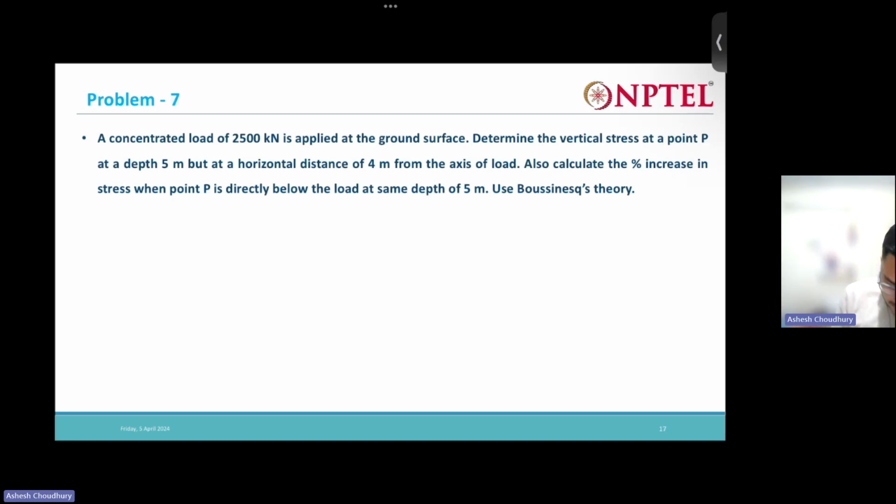So we have, say, this is the top layer of the ground surface. Okay. A load of 2500 kN is acting.